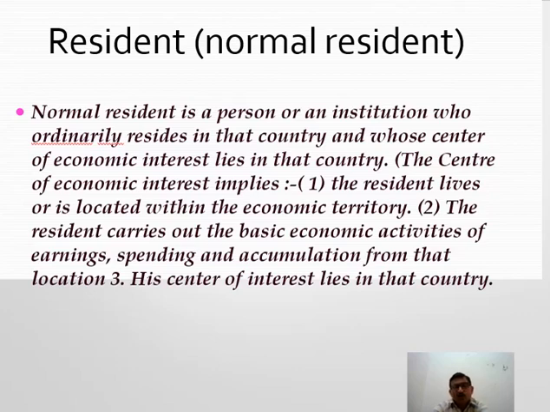To become a normal resident, you have to qualify two things. First, you must stay in the country more than 1 year, and second, your economic interest also lies in that country. Economic interest means your earning, spending and accumulation should also be within that country. Now I am repeating the meaning of normal resident. A normal resident is a person, or it may be an institution, who generally and ordinarily lives in a country and whose economic interest also lies in that country.